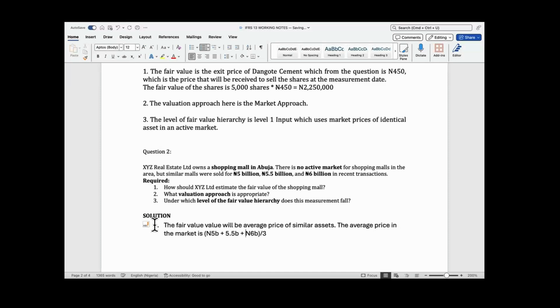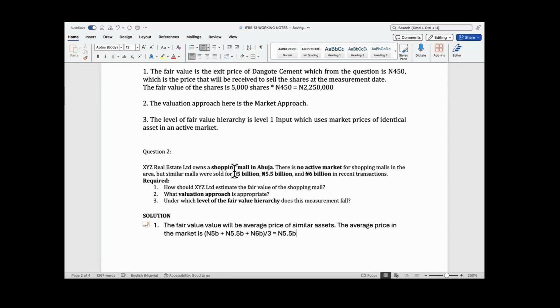Since we have 3 prices, we just get the average price in that market. So how many billion does that give us? 5.5, sir. So this will represent the fair value.